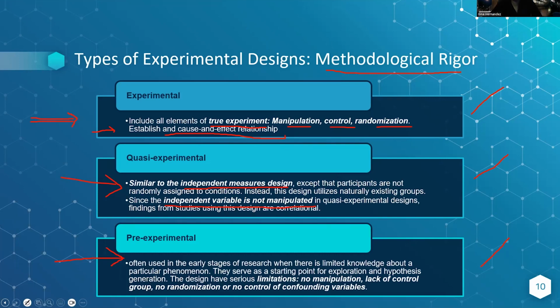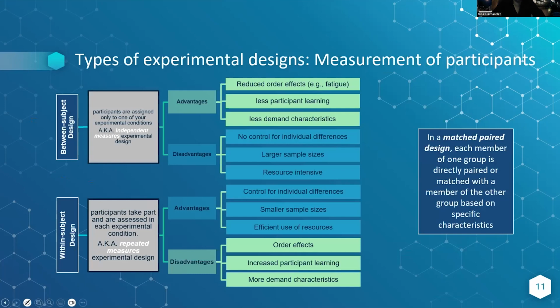So these three kinds exist, and we have another kind of division of experimental designs, and this is really important for you to know. You will continue hearing about this a lot, and this kind of division has to do with the measurement that we do of the participants. This is not exclusive to experimental design.